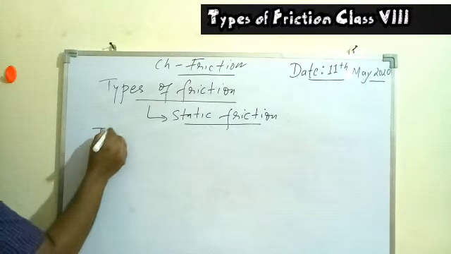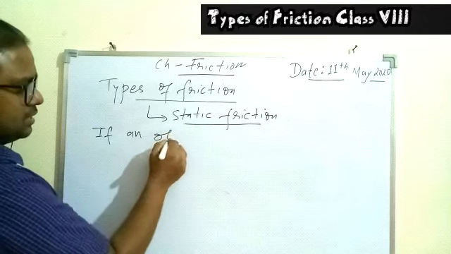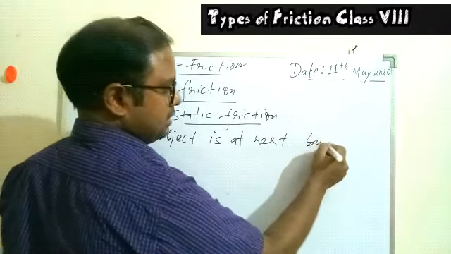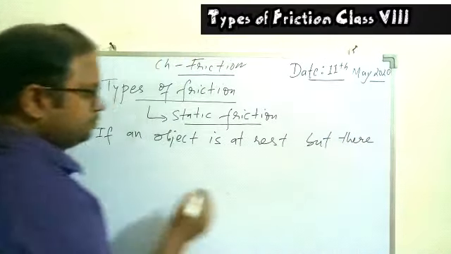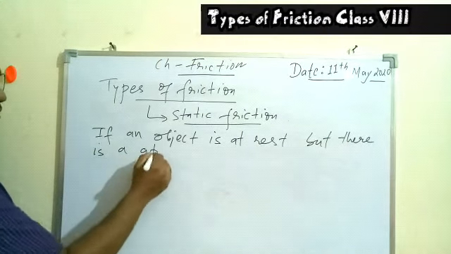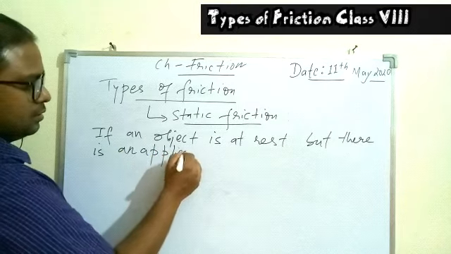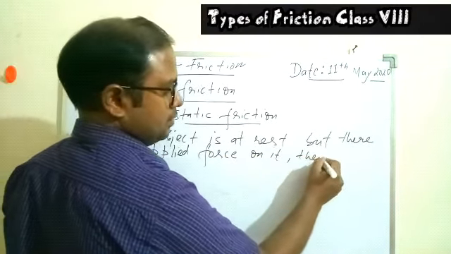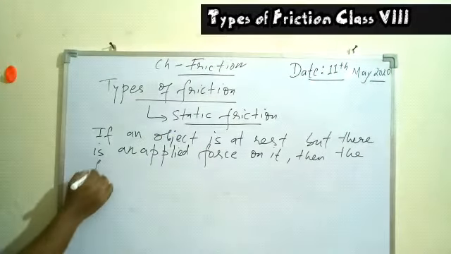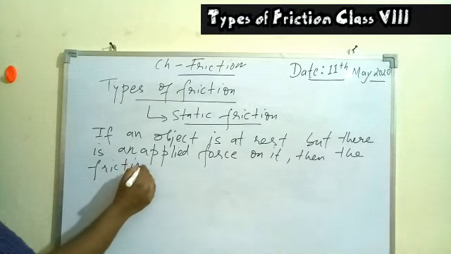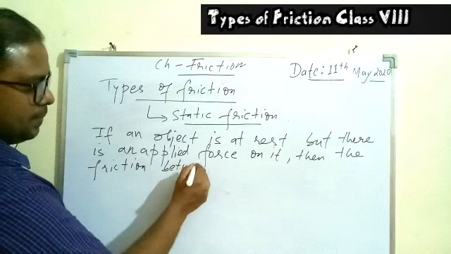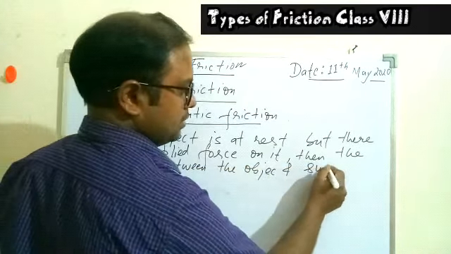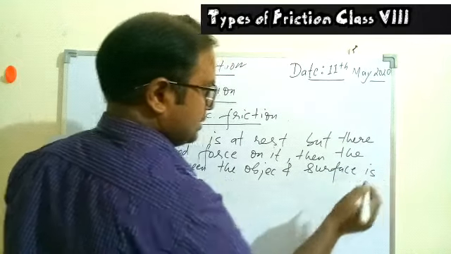So from this we can get a simple definition. We can say if an object is at rest but there is an applied force on it, then the friction between the object and surface is static friction.